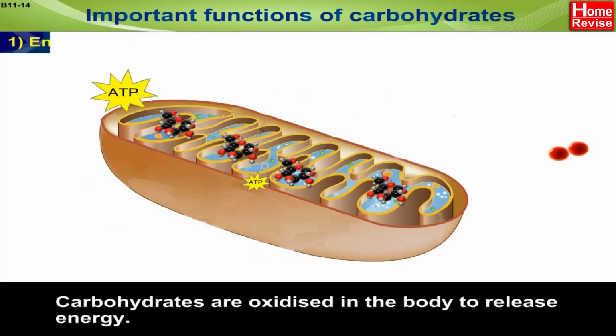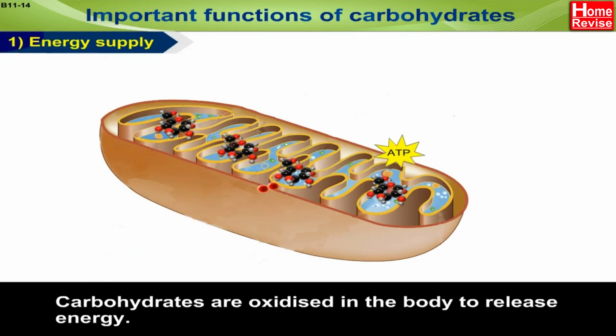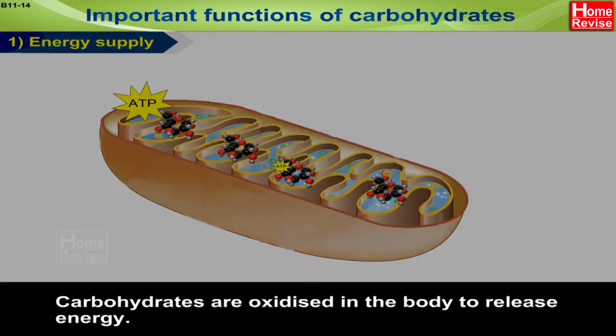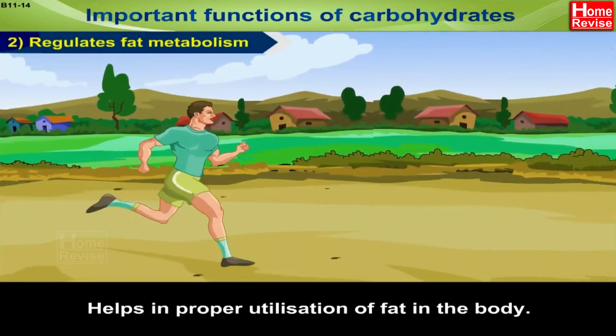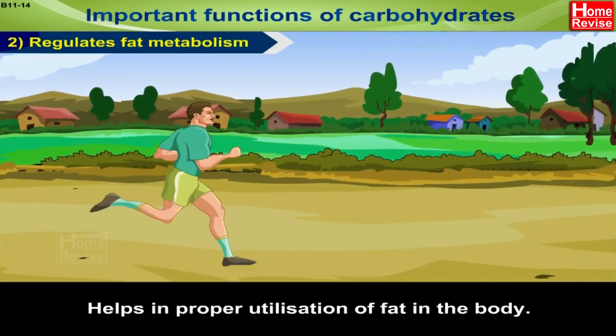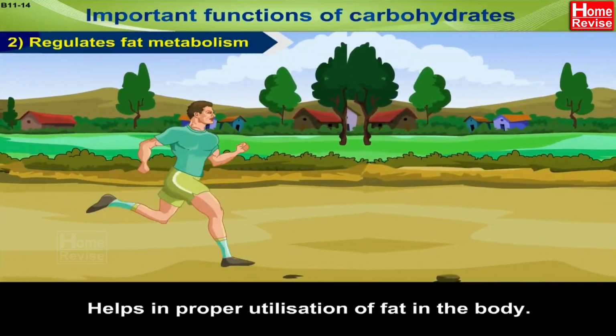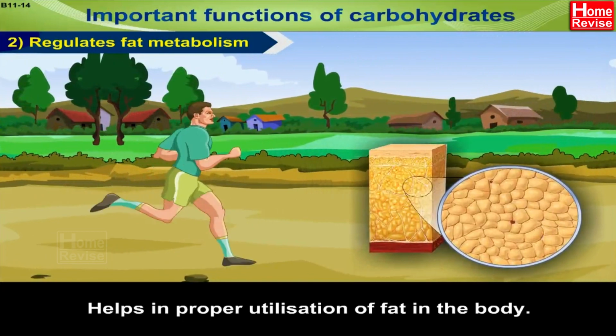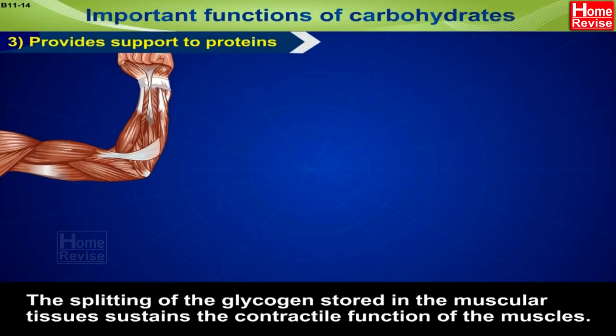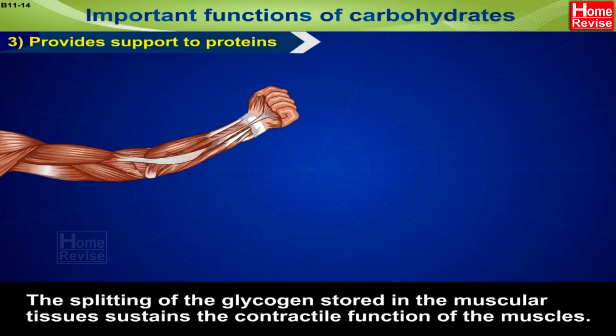Important functions of carbohydrates. First, energy supply. Carbohydrates are oxidized in the body to release energy. Second, regulates fat metabolism, helps in proper utilization of fat in the body. Third, provides support to proteins.